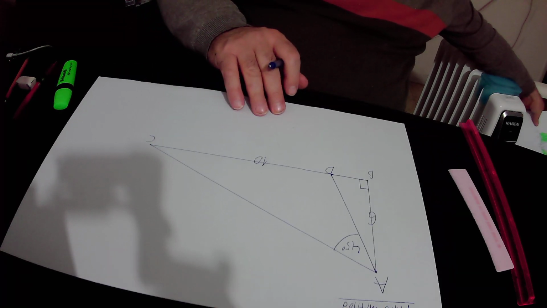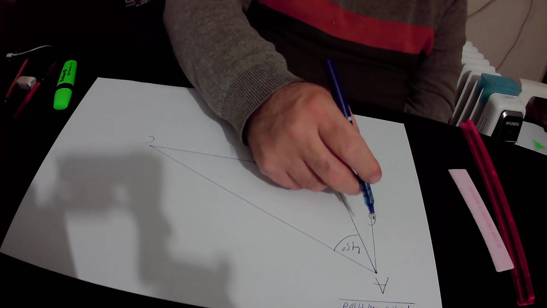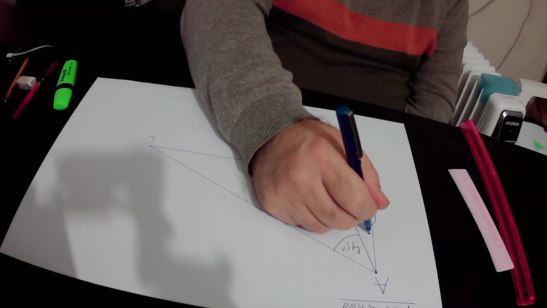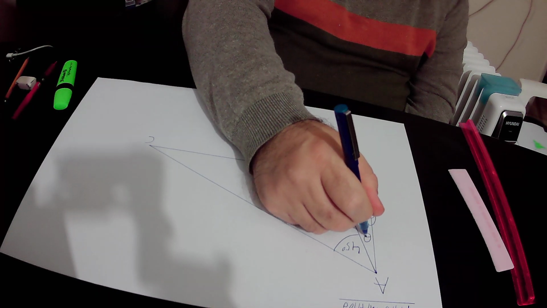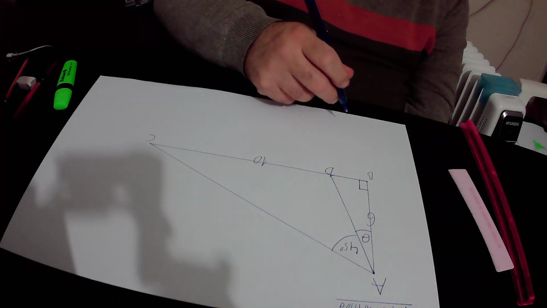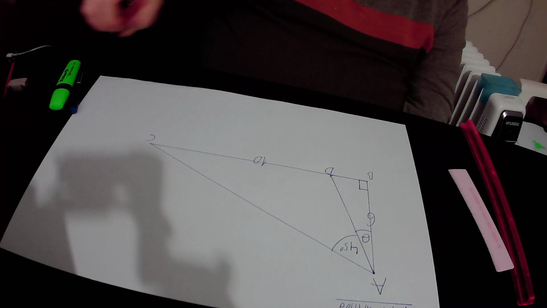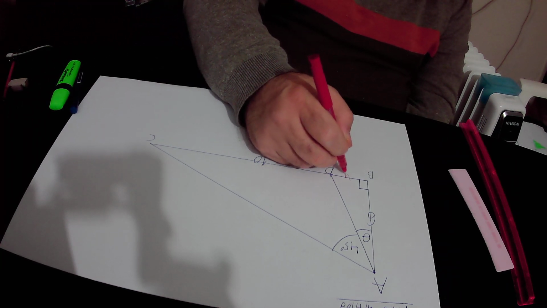In the third method, we will define angle BAD as theta. We will define side BD as y.